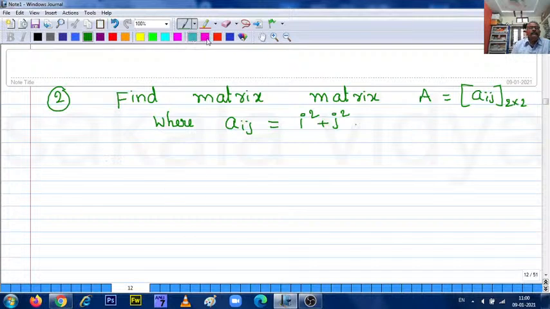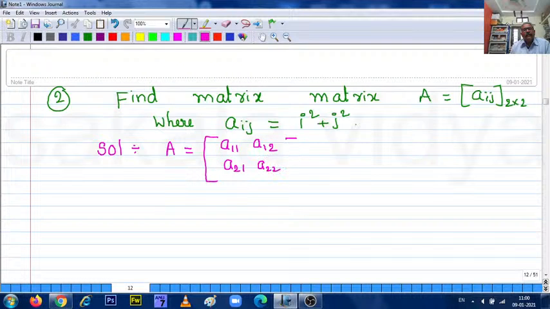Now see now the solution. First write down here A equals to general matrix, write down 2 by 2 matrix A11, A12, A21, A22. Now we need to define A11. See A11 equals to i square plus j square. 1 square 1, 1 square 1, 2.